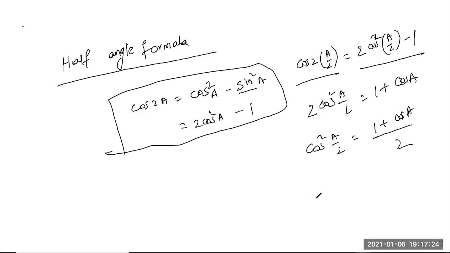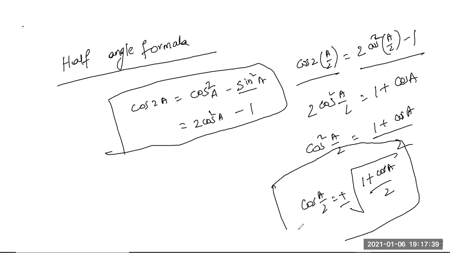So cos a by 2 is square root of 1 plus cos a divided by 2, plus or minus, because if you do the square root, you will get plus or minus. So this is the half angle formula, right?